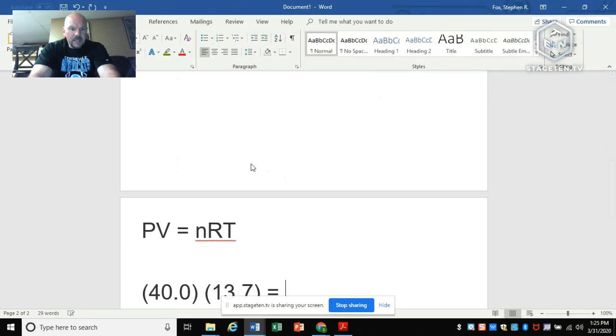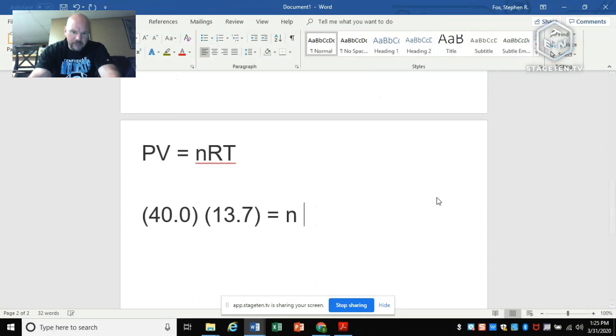The volume is 13.7 liters equals n times, and now here's the kicker. You got to know what R value to use. The R value for kPa is 8.314, and the temperature was 93, so it's 93 plus 273, 366. So that we could solve for n.